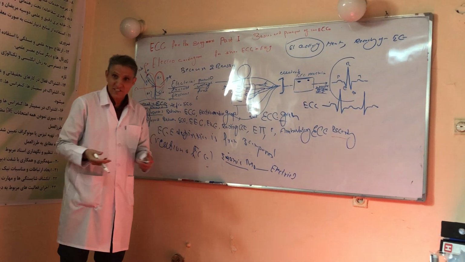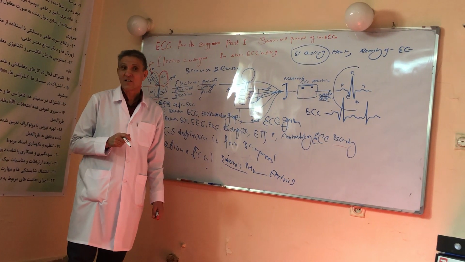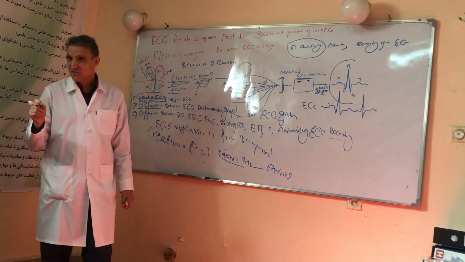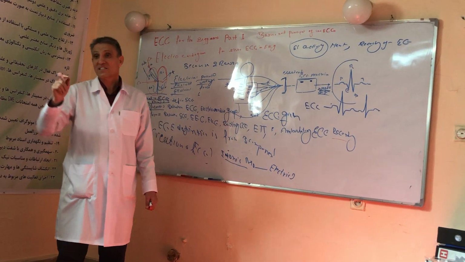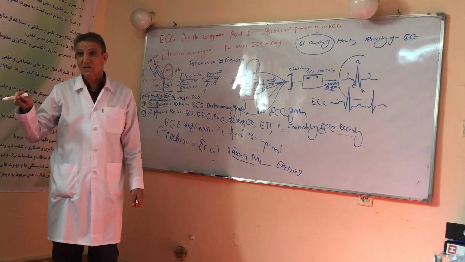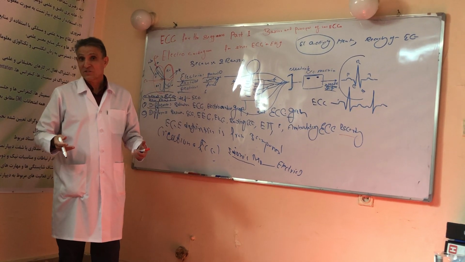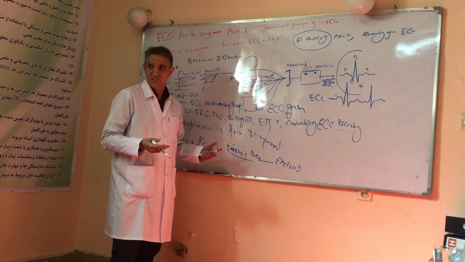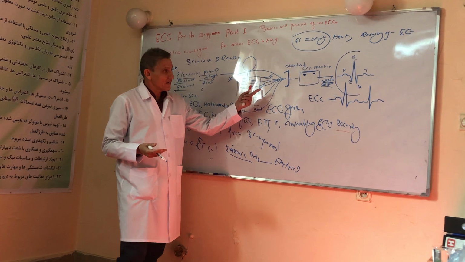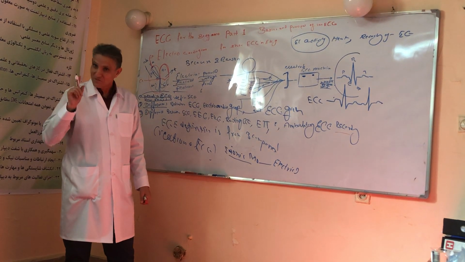Action potential is the study of electrical activity of the heart at the molecular and cellular level, in a single cell. But when we study the ECG, we think about the electrical activity of the whole myocardium. Receiving this electrical activity from the electrode produces the typical ECG, which is called PQRSTU. You shouldn't forget this.